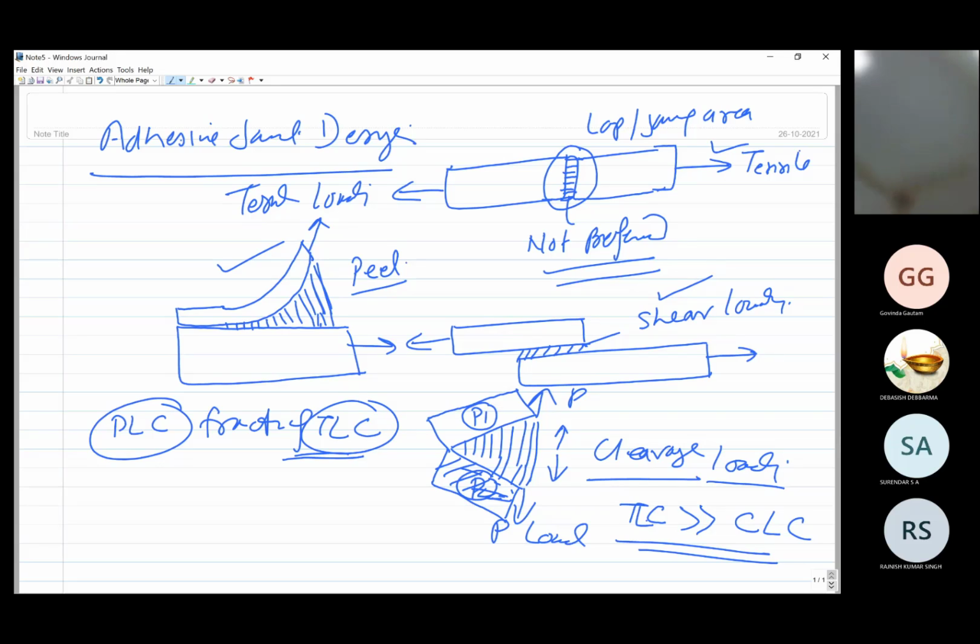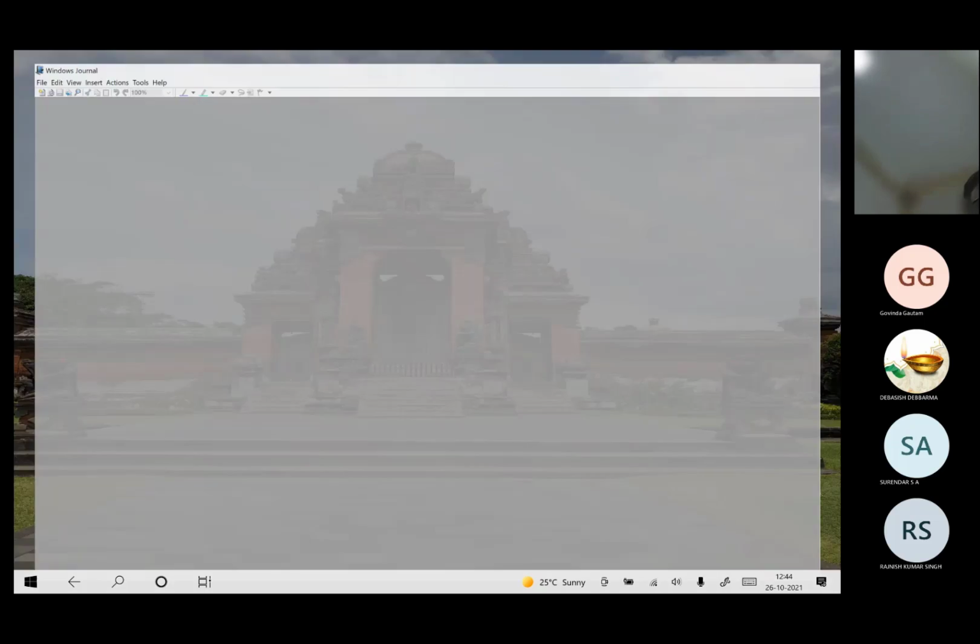So the design of the joint should be done in such a way that you go for the tensile and shear rather than peel and cleavage loading modes.